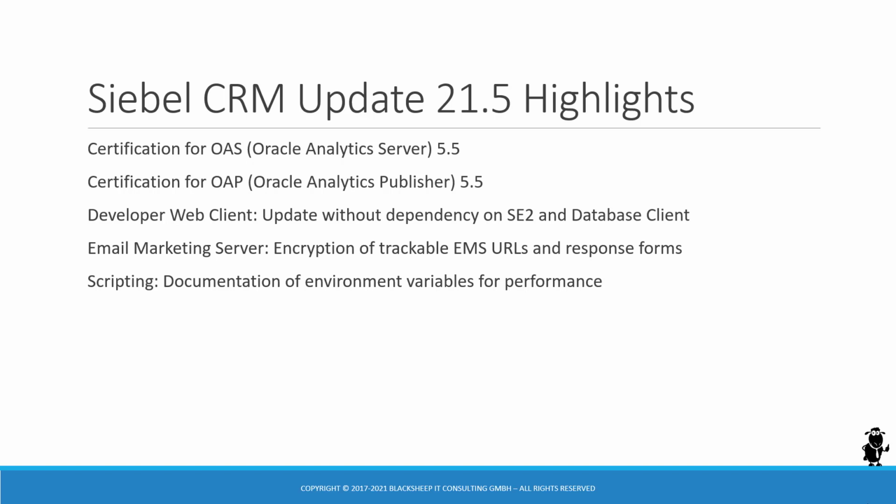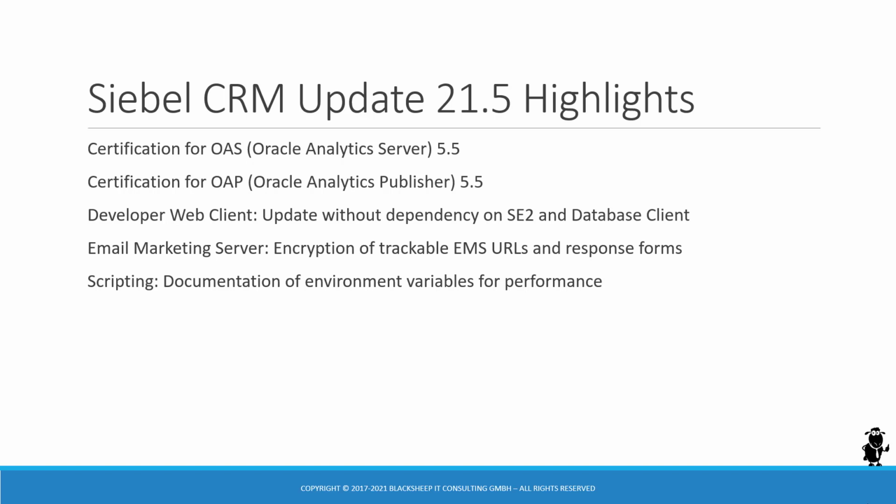There are some minor improvements and enhancements that we can find by skimming through the documentation available, like Bookshelf and release notes, or just by doing the update and seeing what is different from previous versions.